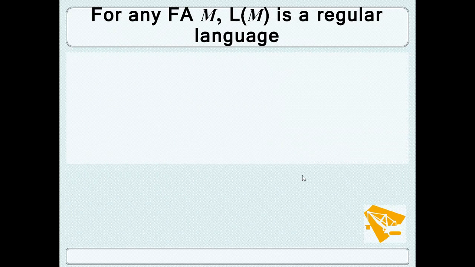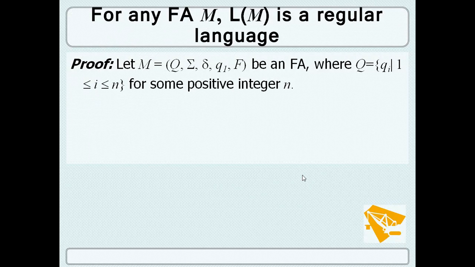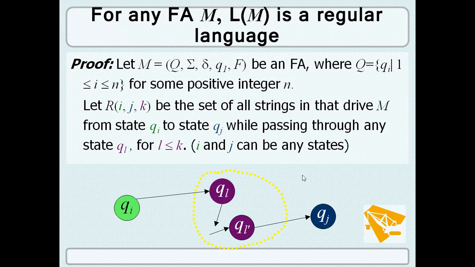For any finite automaton M, L(M) is a regular language. The proof is given here. Take a finite automaton M with Q, sigma, delta, q1 and F. Q is the set of states qi, where i lies between 1 and n, that is, 1 less than or equal to i less than or equal to n for some positive integer n.